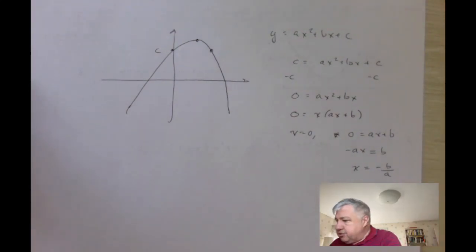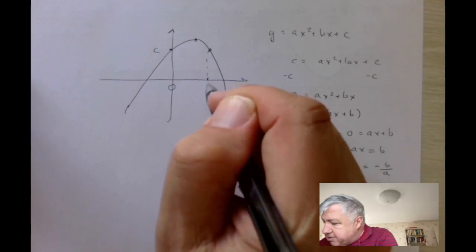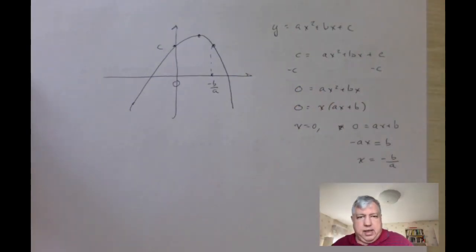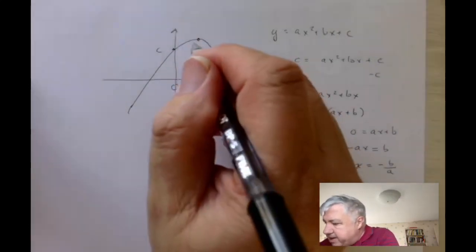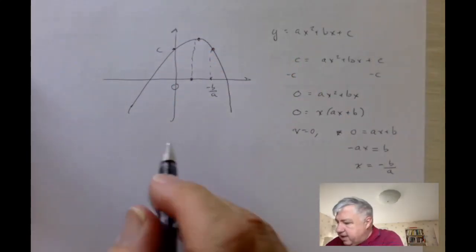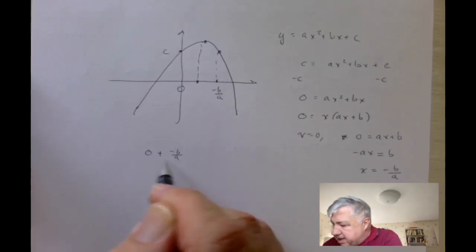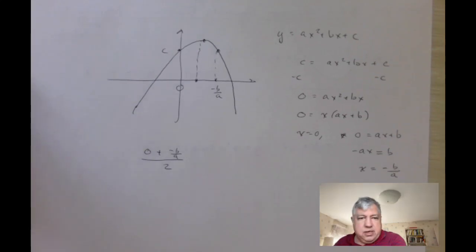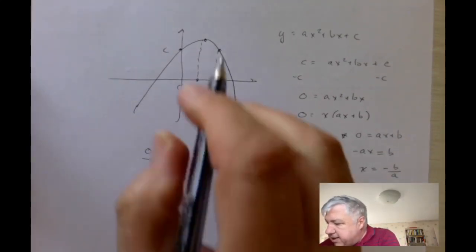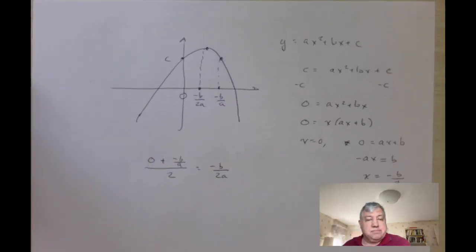So here is our 0, and this point is going to be minus b over a. And then the vertex should be exactly halfway in between. The midpoint of this would be 0 plus minus b over a, all over 2. And if we simplify that, that's minus b over 2a, which is the x-coordinate of the vertex.